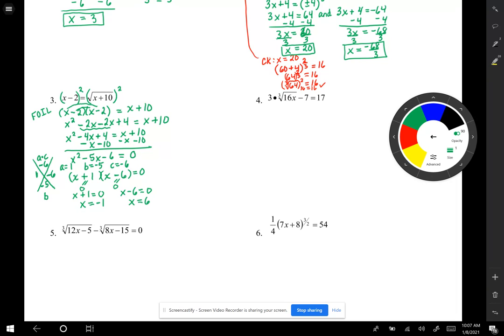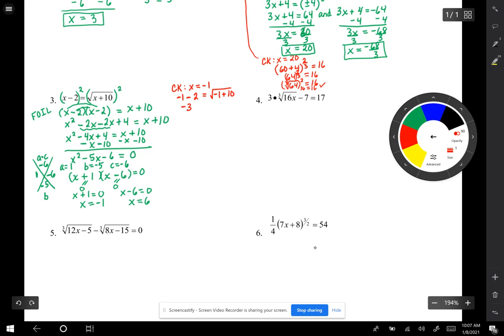Of course, we don't check them, or we don't box them up until we check them. So I'm going to go over here, and I will check each answer. I'll start with checking x equals negative 1. So replace negative 1 on the left and negative 1 for the right side.